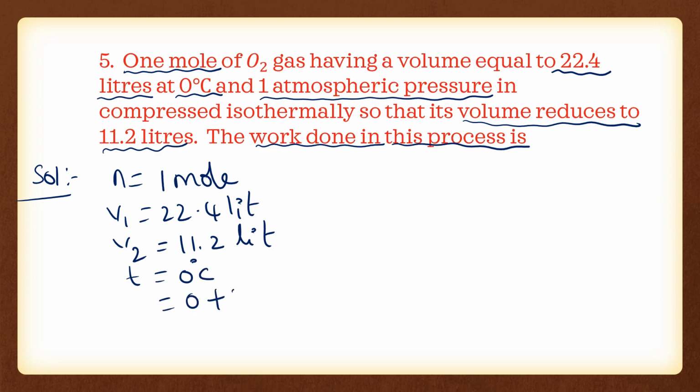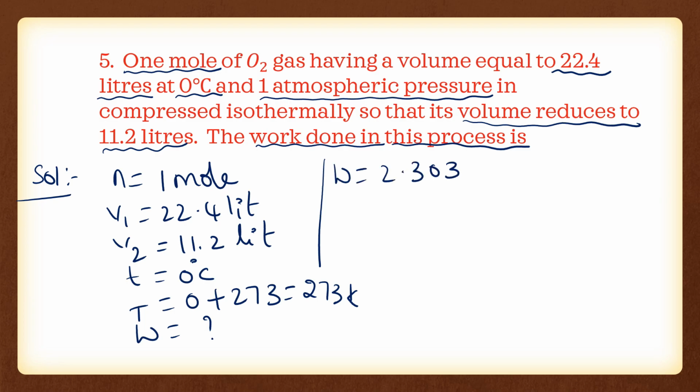Converting 0 into kelvins, we are getting 273 kelvins and we have to calculate work done. So what is the formula for work done? W is equal to 2.303 nRT log V2 by V1.